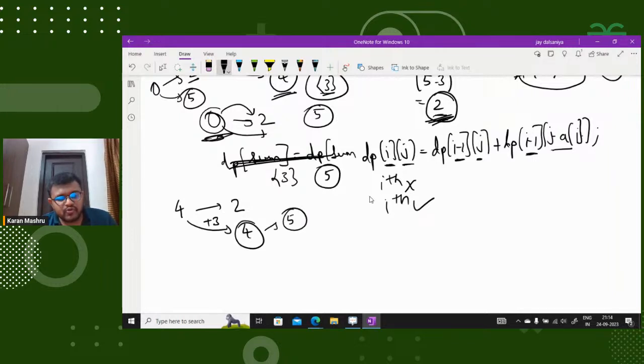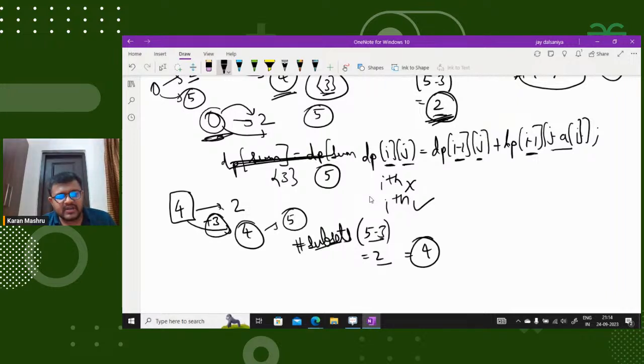So now if I do not consider this 3, and if I ask you the number of subsets whose sum is equal to x minus a of i, that is 5 minus 3, that is 2, that is equal to 4, it means that considering the ith element also I will get 4 subsets whose sum is equal to x, that is the target element.